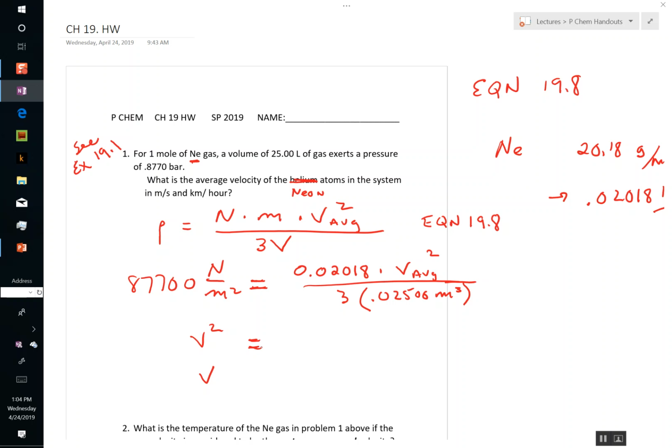So what could we put in instead of newtons to get seconds? We could put kilogram times meters divided by second squared. That's newtons.